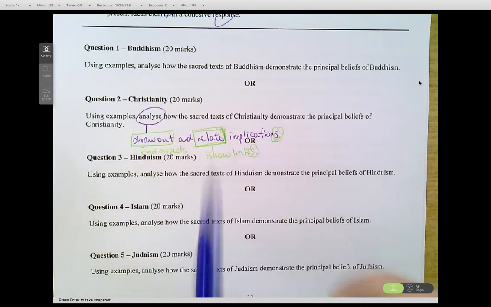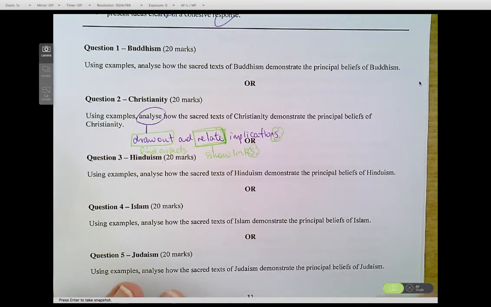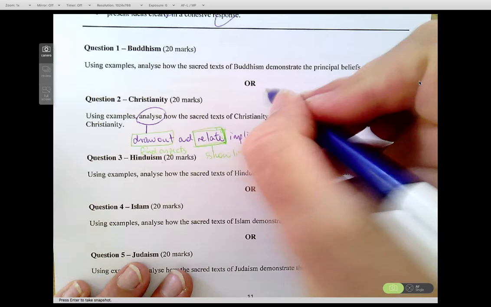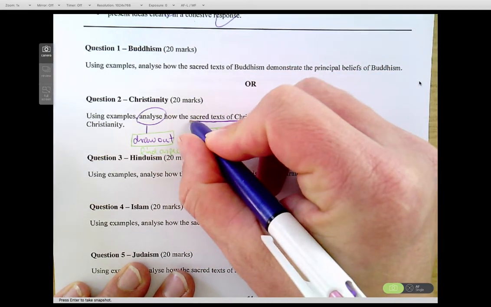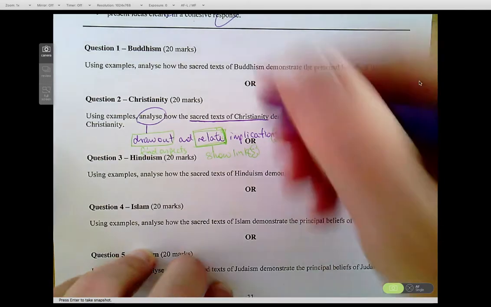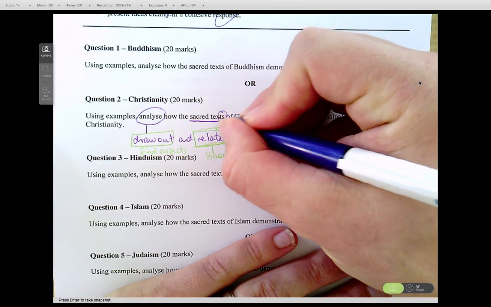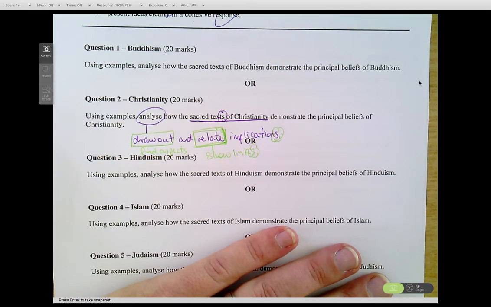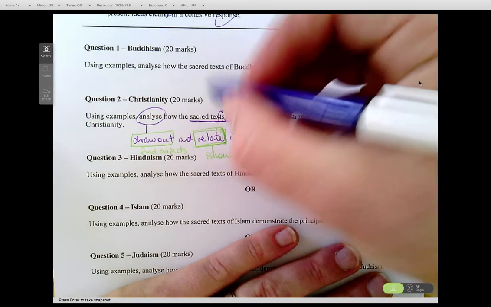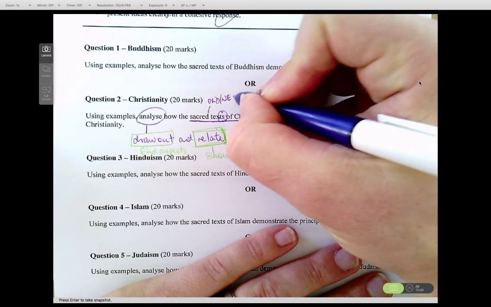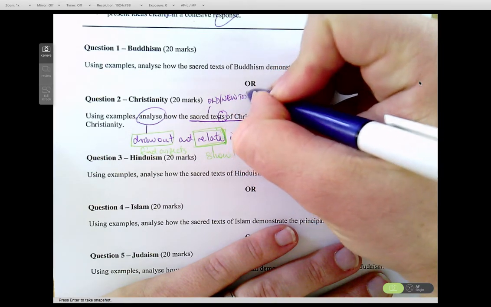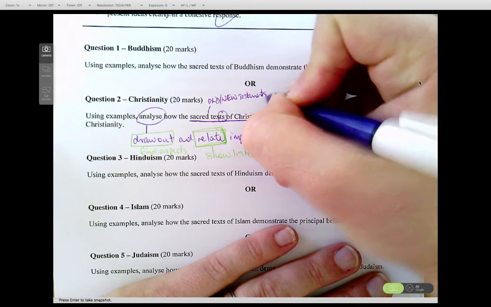Analyse how the sacred text, okay, so now we're getting into our content, straight from the syllabus. We can even do a box around it. We'll be looking at the Old and the New Testaments.